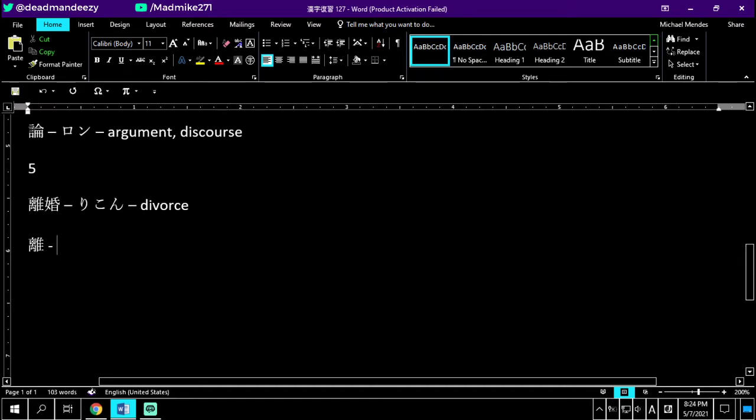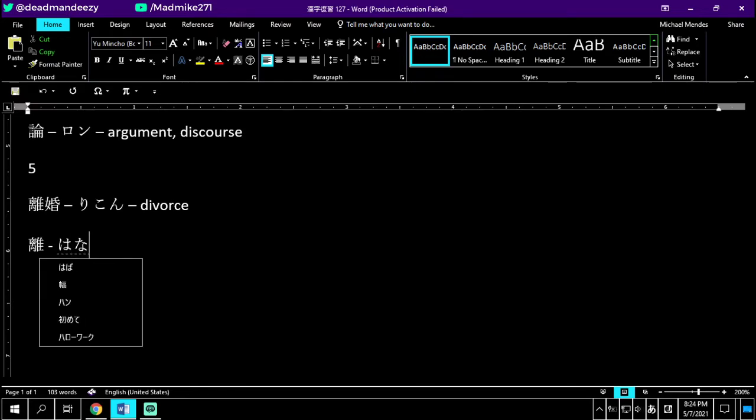And on the right side here, we have the radical for an old bird. You see this kanji a lot, and I kind of just equate it to an old man instead of an old bird. As you can think of an old lady, and then an old bird makes sense. Kunyomi for this is hanareru. Onyomi is ri.